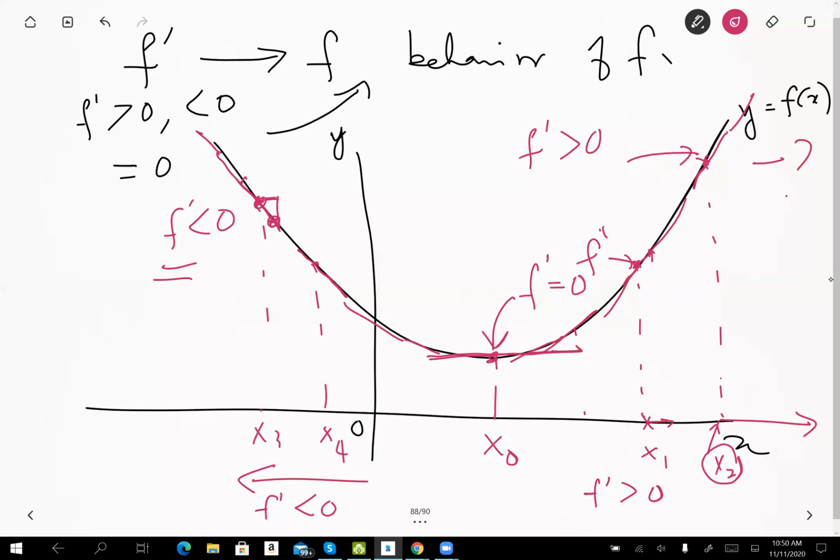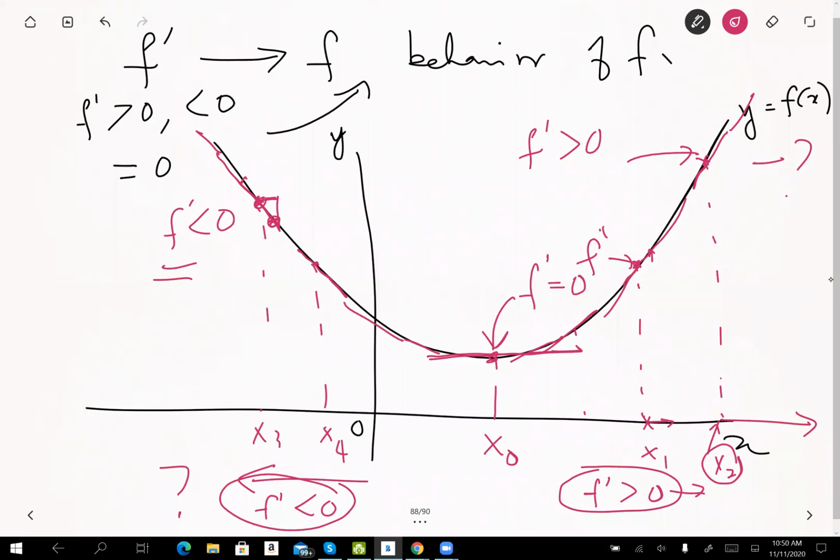You can break it into an interval for which the f prime is positive, and then another interval, with different values of x, for which the f prime is negative. Because it's not just one point, it consists of all the points.